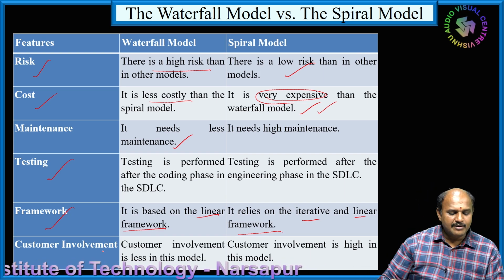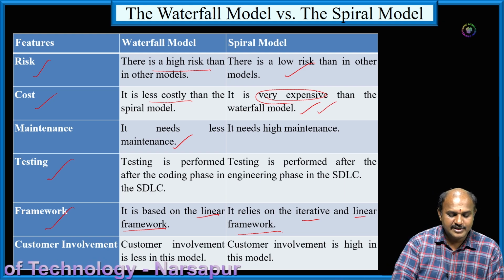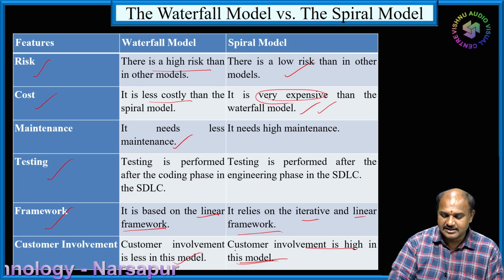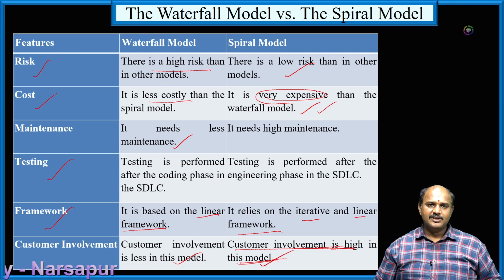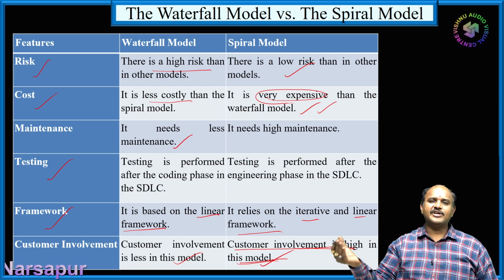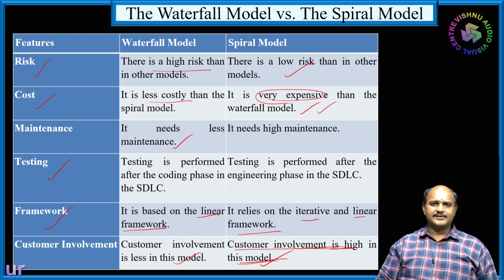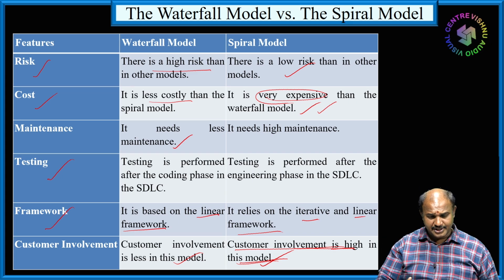And customer involvement. Customer involvement is less in this model. Here the customer involvement is high. So many customers are there. Customers means different account holders, different users, all will access the bank system for withdrawing, depositing, transferring.